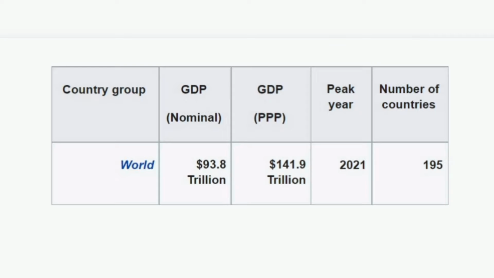And if you consider GDP as purchasing power parity, then the net GDP of the world is approximately $142 trillion. That is the figure of 2021. I mean, that is the latest figure I'm telling you.